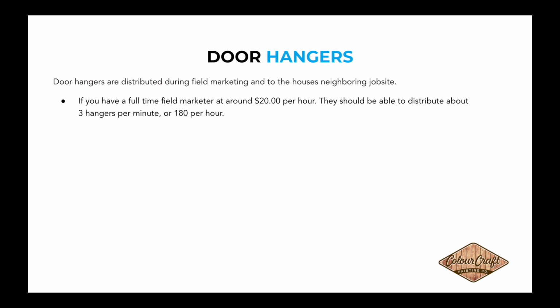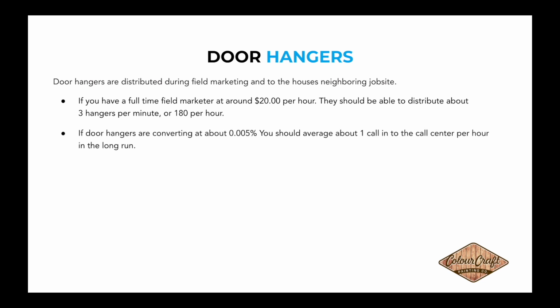Say you had a full-time field marketer, paying him about $20 an hour to go door hanger. They should be able to put up about 3 hangers per minute. That's about 180 per hour. The conversion on door hangers is about 1%, or in this case, let's say it's even 0.5%. If you are getting a conversion of about 0.5% on door hangers, which I think is a bit more, it's usually about 1%, you should be averaging at least 1 call per hour in the long run.